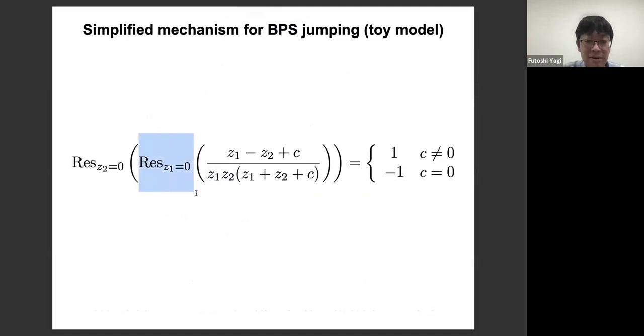residue at some pole at Z1 equals 0 and Z2 equals 0. And imagine that we first take the residue at Z1 equals 0, assuming that Z2 is not yet 0. Then if C is non-zero, the pole comes only from this Z1.